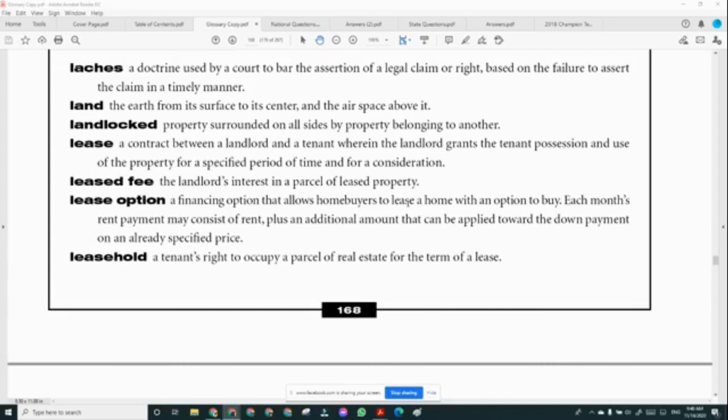Well, that land is locked by your land and those around you. That property owner doesn't have access to that land unless going through your land, and they at some point will request a lease. I'm sorry, an easement. So that land behind you is locked by your land. Property surrounded on all sides by property belonging to another.